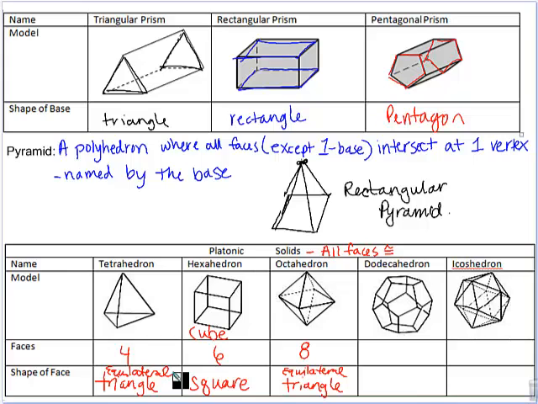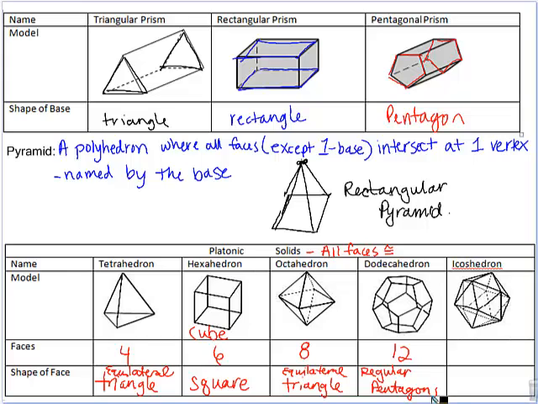A dodecahedron. Dodeca, that's our prefix for 12. And those are all regular pentagons. There are some dice that are set up like a dodecahedron that have 12 different numbers on.